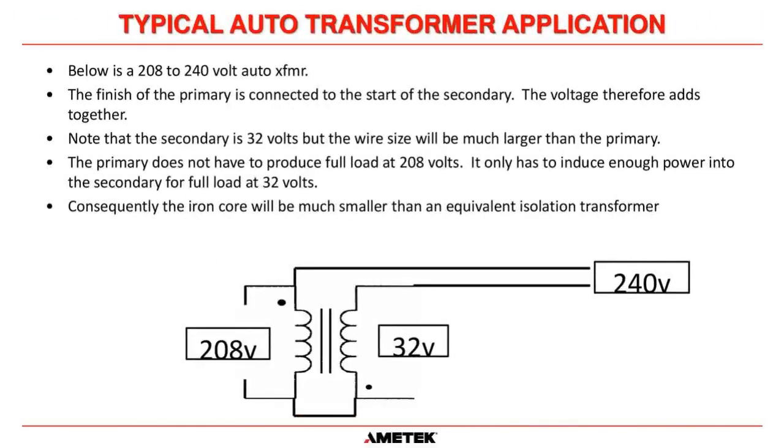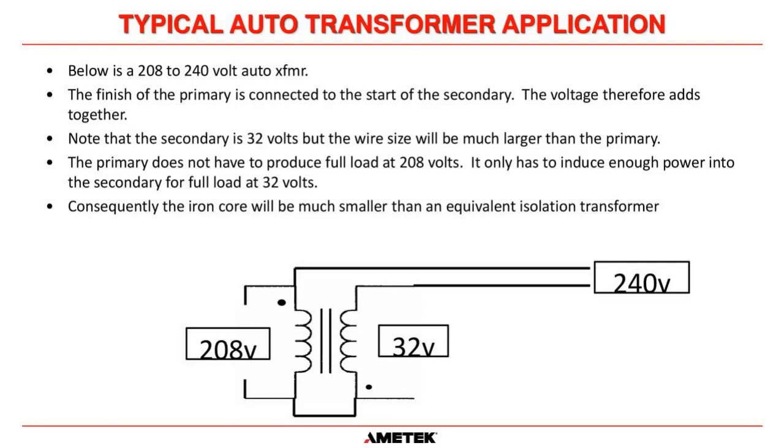Here's a typical application for an auto transformer. The finish of the primary, the 208 volt input at the bottom here, is connected to the start of the secondary, the 32 volt winding, and then the output is 240 volts.